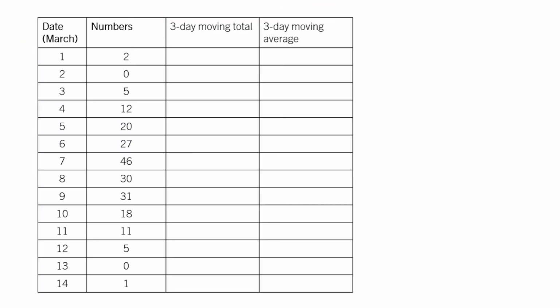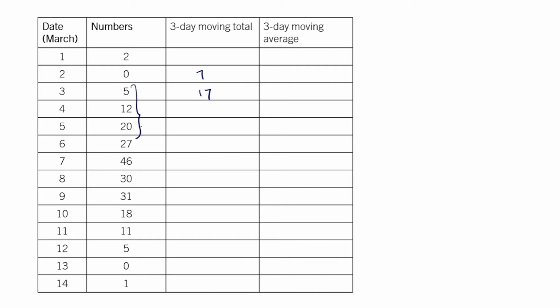So let us draw the table. We have for various dates the number of cases diagnosed as given in the question. Now we need to calculate the 3-day moving average for this data. First let us find the 3-day moving total and then the 3-day moving average. Adding the first 3 days, the total is 7. Then the next 3 days total 17.